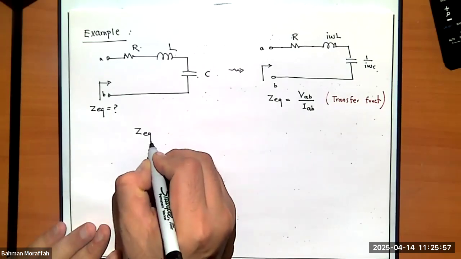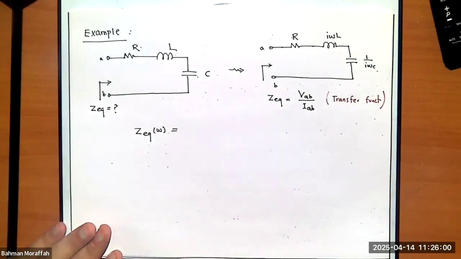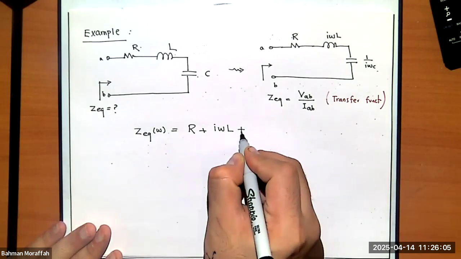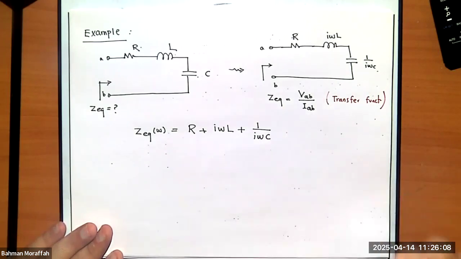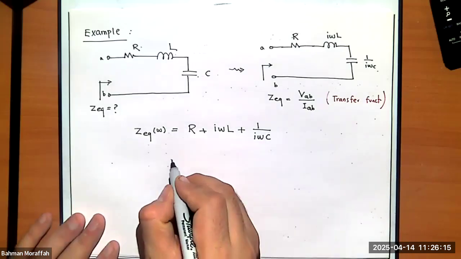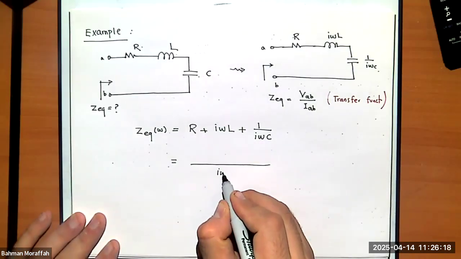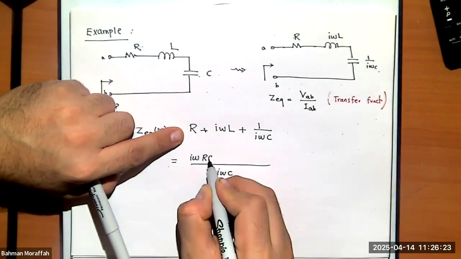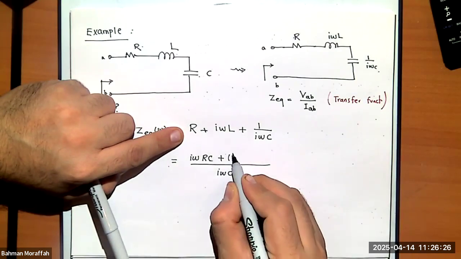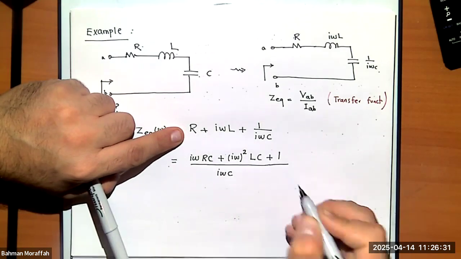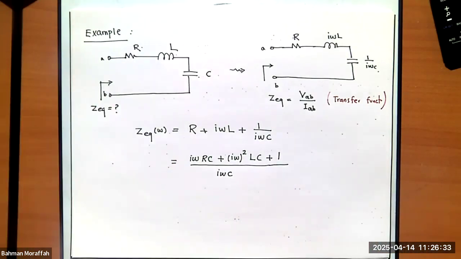I can basically add them all up. So Z equivalent as a function of omega is R plus i omega L plus 1 over i omega C. Simplify. If I find a common denominator, which is i omega C, the first term is i omega RC, plus i omega squared LC plus 1. Right?